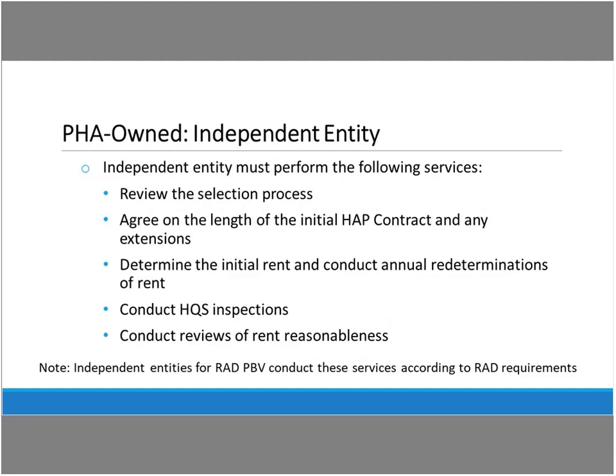PHA-owned independent entities. So if the housing authority, or an incarnation of the housing authority, is the owner of the property that is receiving the HAP contract, so it is on the receiving side of the HAP contract, then an independent entity must be identified to perform some of the housing choice voucher administration tasks.